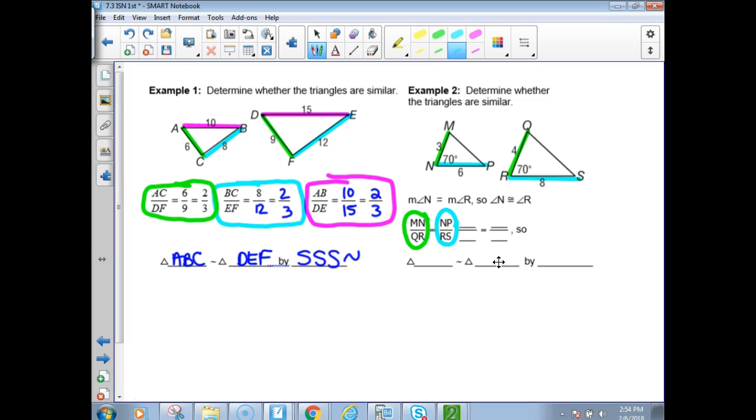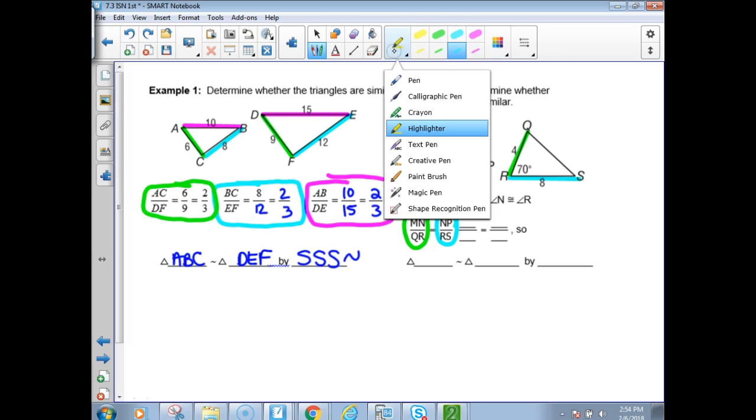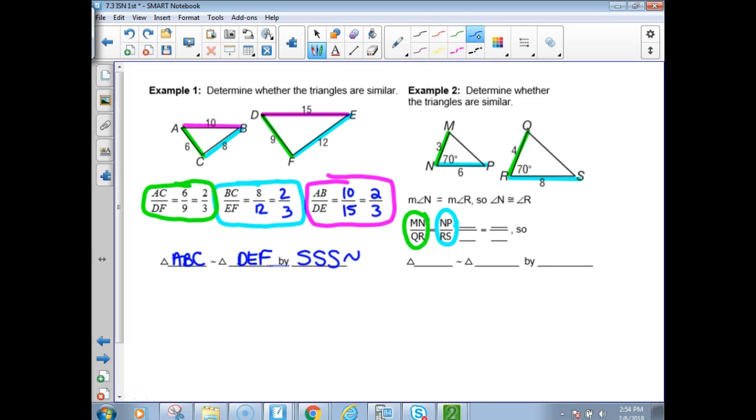Now, if we were to compare them, I don't like the way this was written here, but if I say 3/4 for MN to QR and 6/8 for NP and RS, the 6/8 does equal 3/4 by dividing top and bottom by 2. So that means we got the same ratio of the sides.